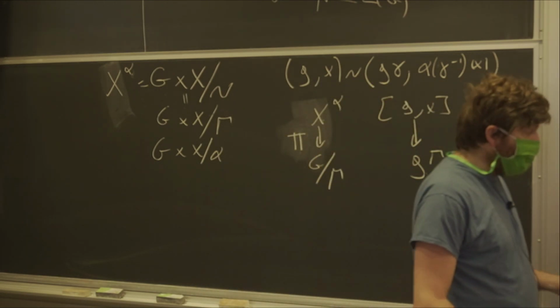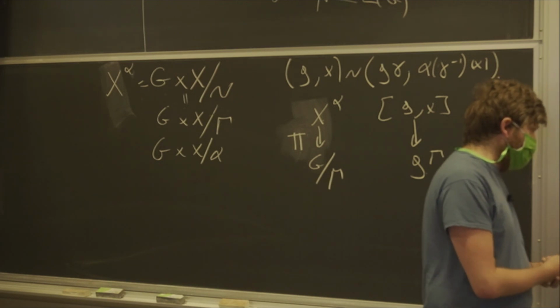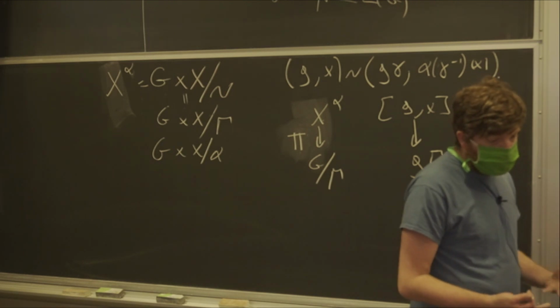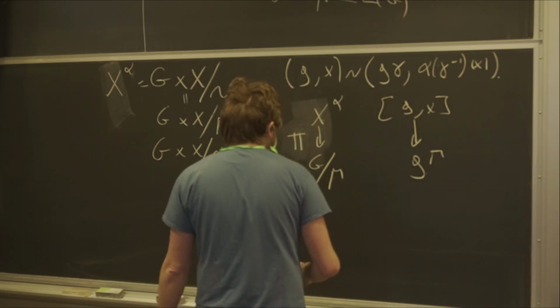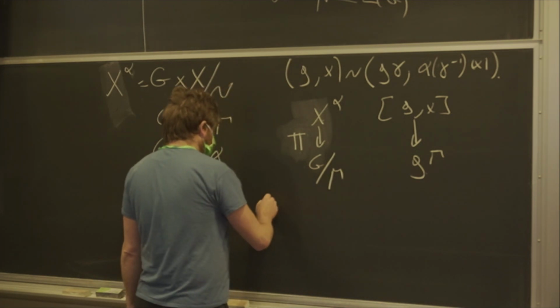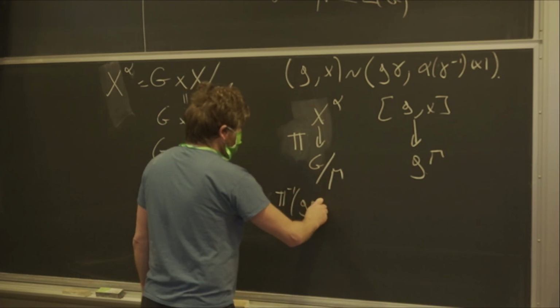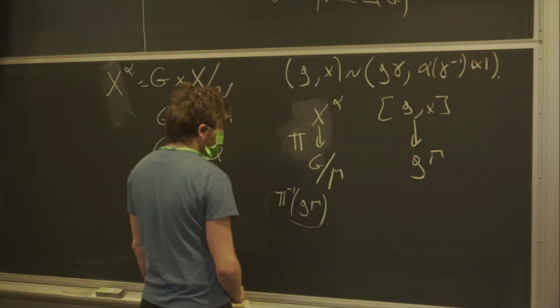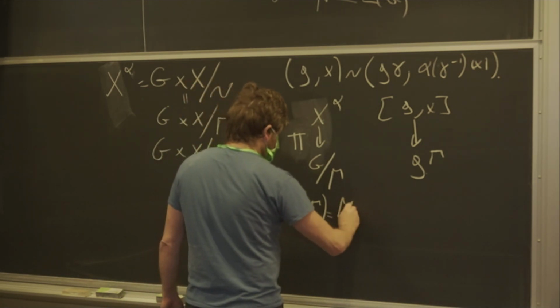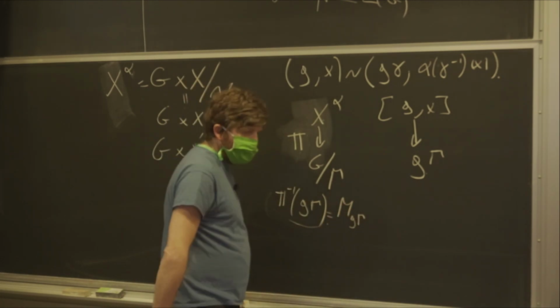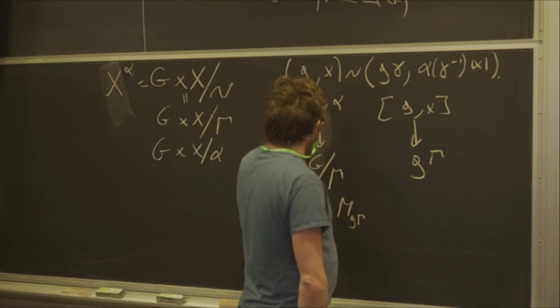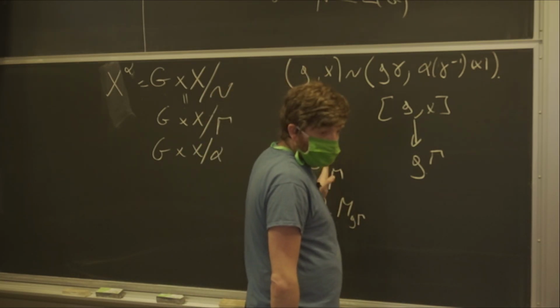But for this, we will have to go and play with fundamental domains or things like that. But we have the pre-image of some element in here, which we sometimes denote by m_g gamma, which is a fiber of this fibration here.